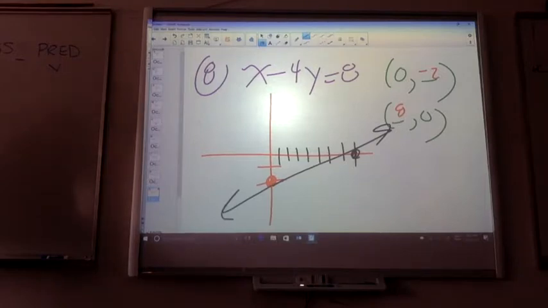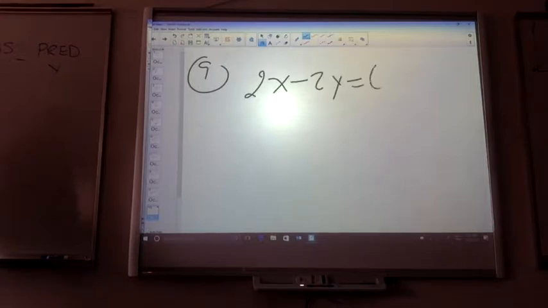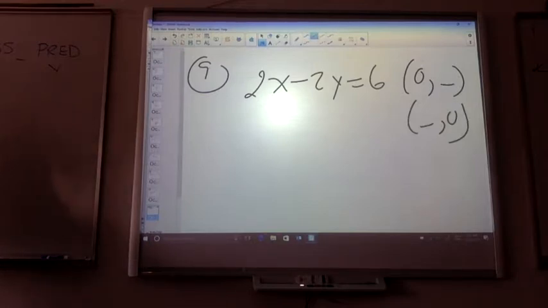Okay? Number 9. Again, cover method works really well. Okay, 0 comma blank and blank comma 0. Okay, I'm plugging 0 in for x, so that's gone. So negative 2 times y equals 6. So negative 2 times what number gives me 6? Negative 3. Okay, I'm going to cover up my y value.